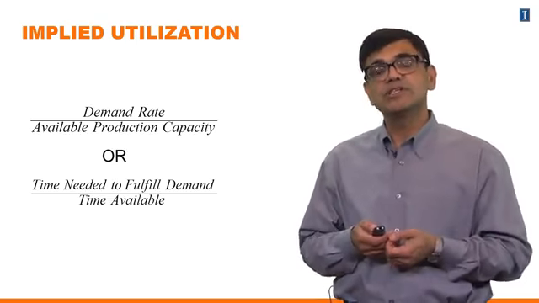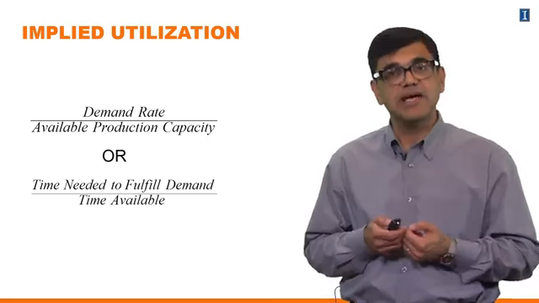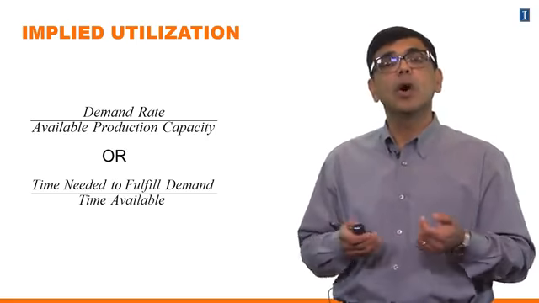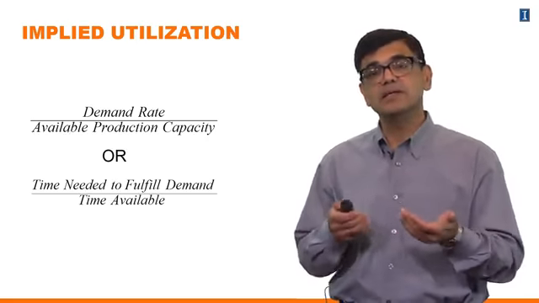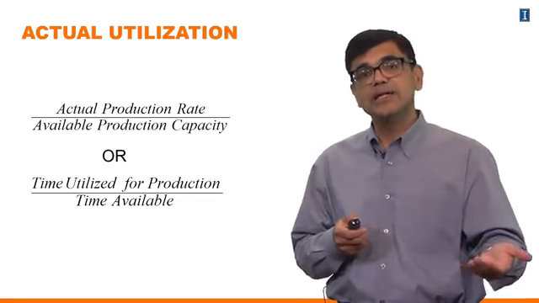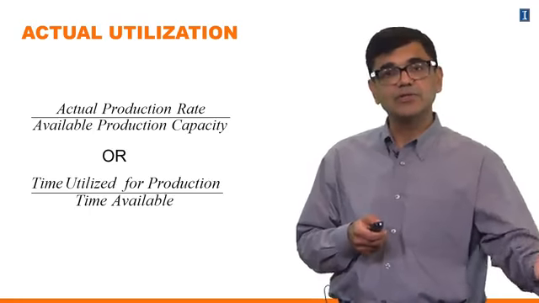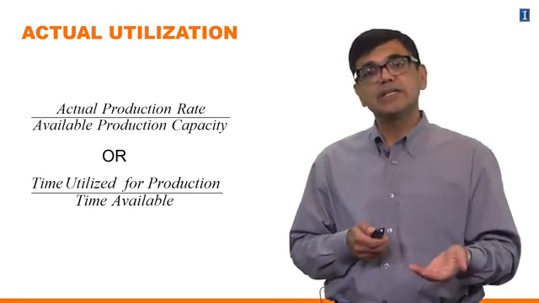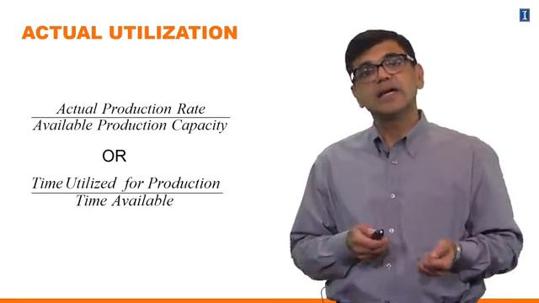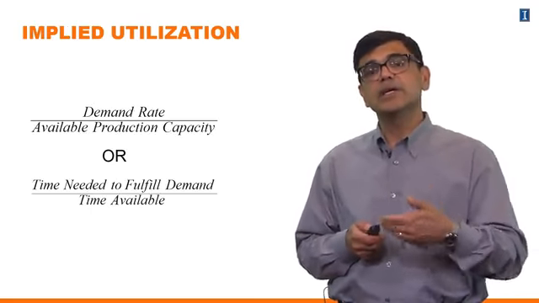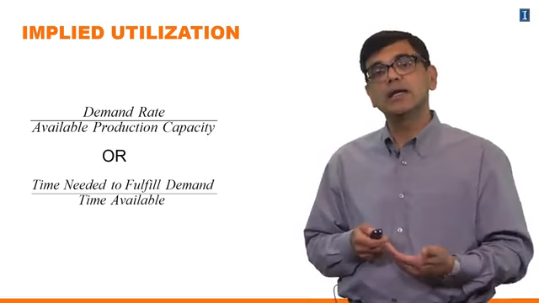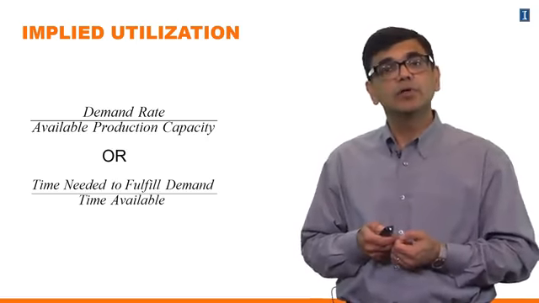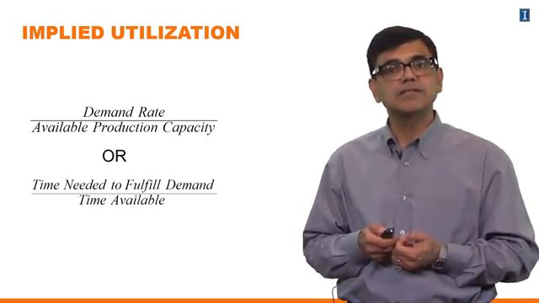Similarly with time, if I wanted to complete all the tasks that I was supposed to complete, what would my utilization be? So that's the difference between implied utilization and actual utilization. Actual utilization is what you would actually get done, whereas implied utilization is what you would have got done if you were to fulfill the demand that you have from that particular process.